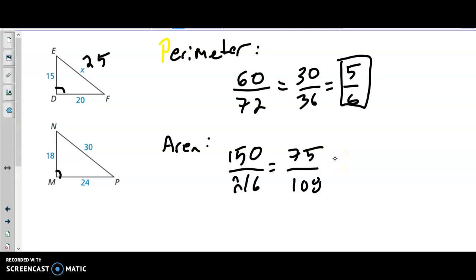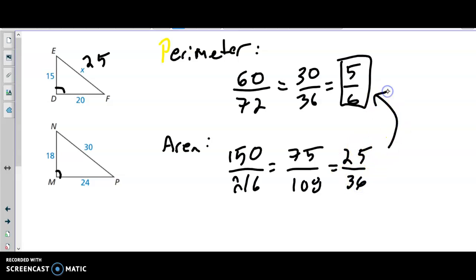Not really quite sure what goes into both of these, but let's try looking at factors of 75. Factors of 75 include 3 and 25, and 108 divided by 3 is 36. So 25 and 36 are what I can reduce this to.